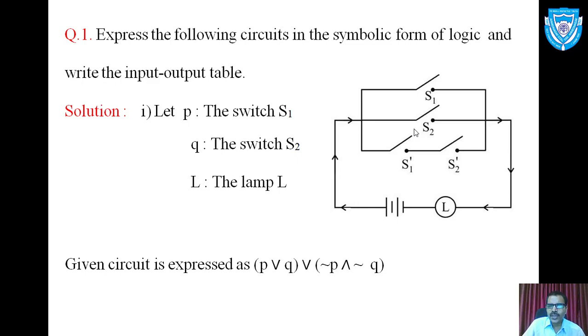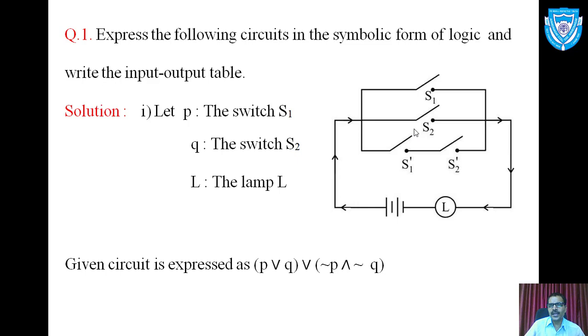Now move to the second loop in the circuit. In the second loop, you are observing the switches S1 dash and S2 dash, they are in series connection. So that loop can be represented by the logical compound statement negation of P and negation of Q. Now the first loop is P or Q, the second loop is negation of P and negation of Q. These two loops are parallel to each other. You can observe in the picture.